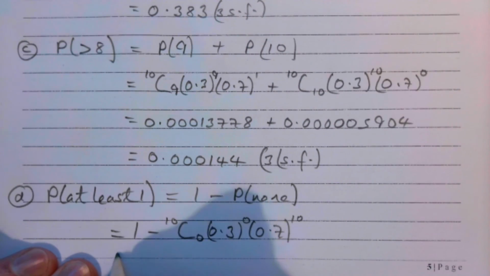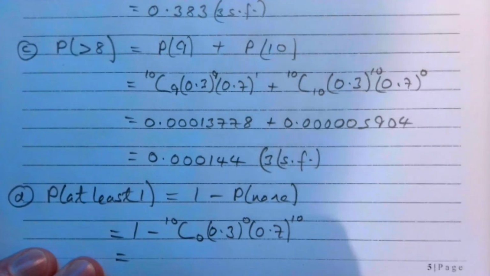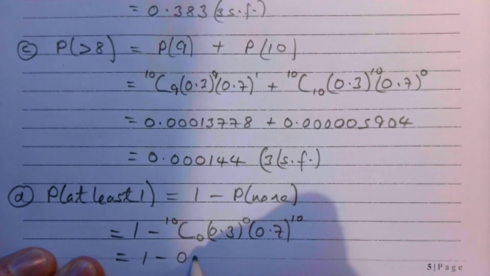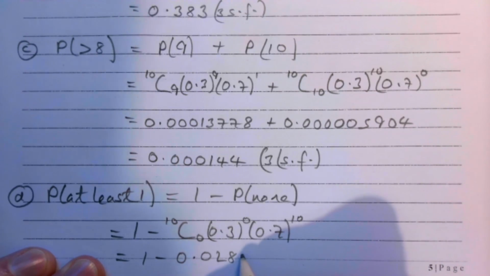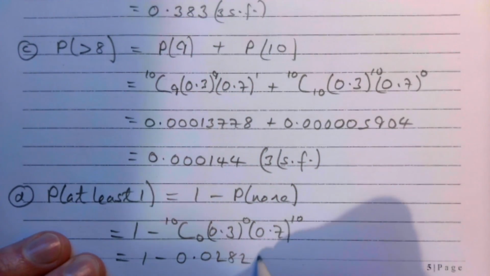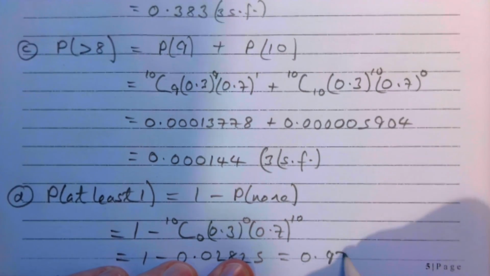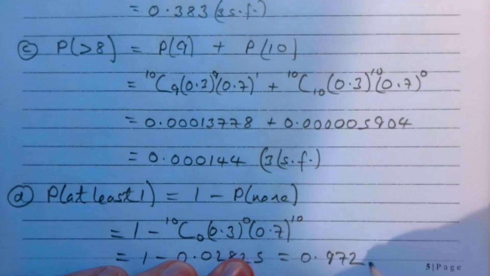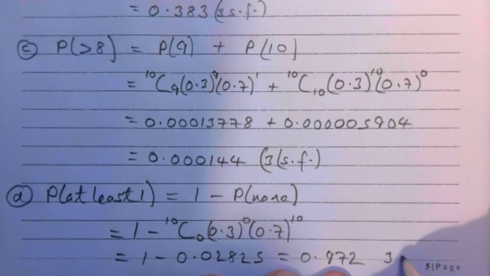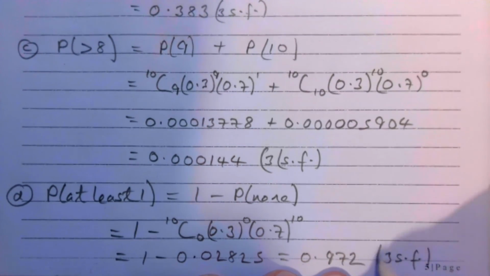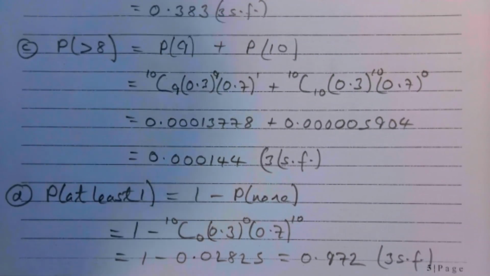Just about fit this in. There's a bit of space in the other page, but I'd like to fit it in, which is 1 minus 0.0282, sorry, 0.0282. And that gives you 0.972 to 3 significant figures. So that's that example.